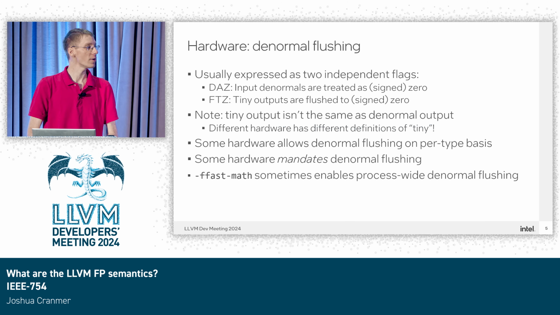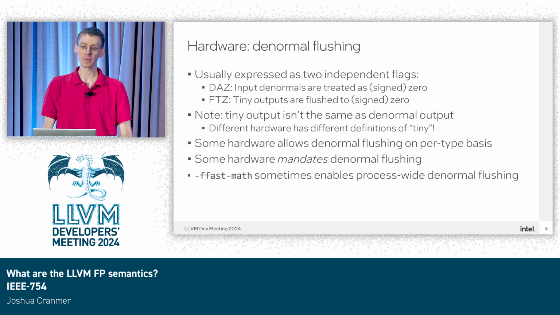One of the most notorious deviations, of course, is denormal flushing. And denormal flushing comes as two independent bits, really. You have the denormals-are-0 bit, which says that if an input operand to a floating point operation is a denormal value, it should be treated as a signed 0 instead.